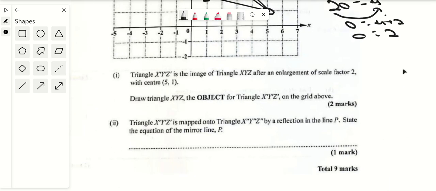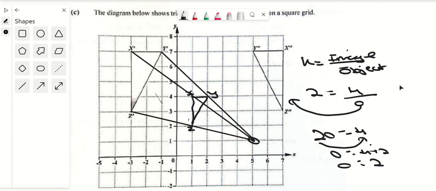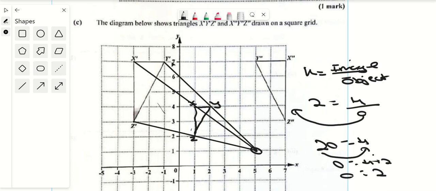And then they say the first image X, Y, and Z is mapped onto the second triangle image, x2, y2, z2, by reflection in a line P. State the equation of line P. So to find that equation, we're going to find the distance from y1 to y2.